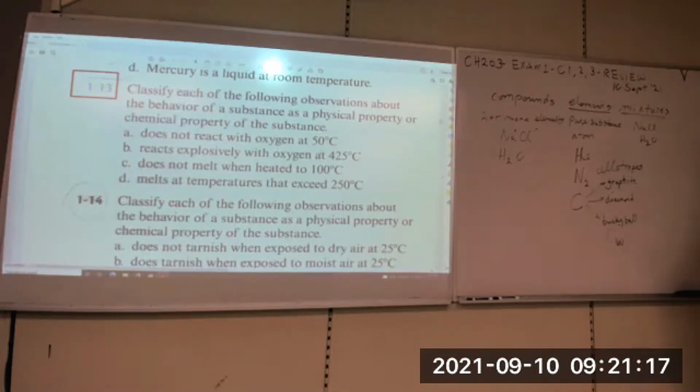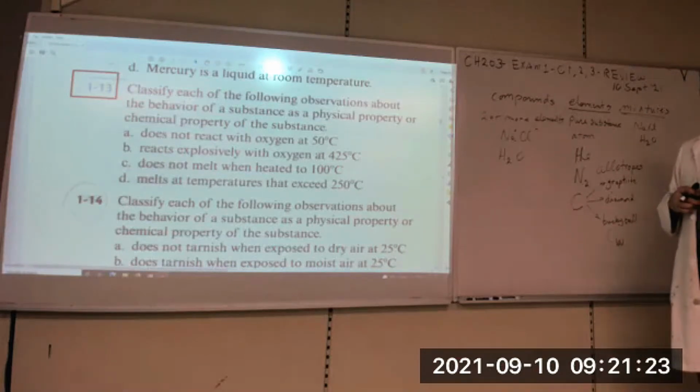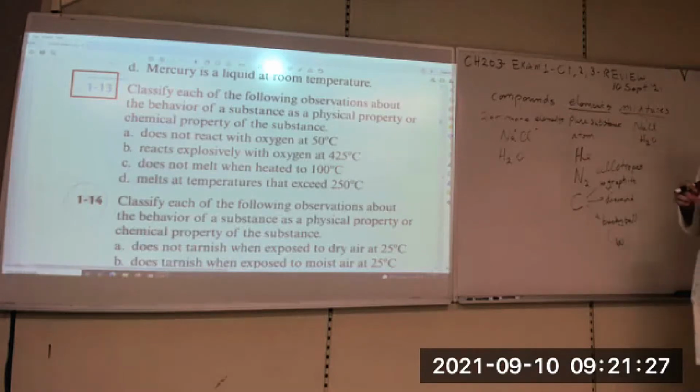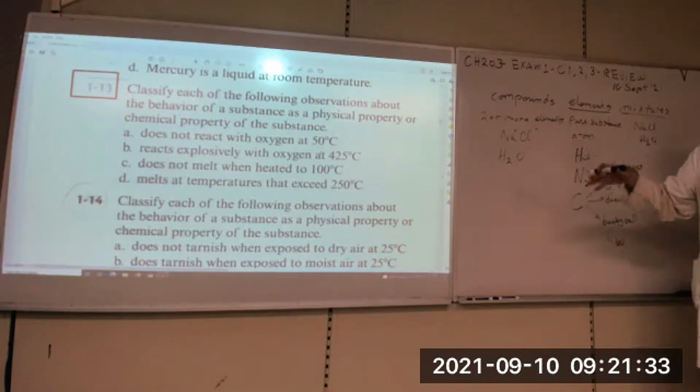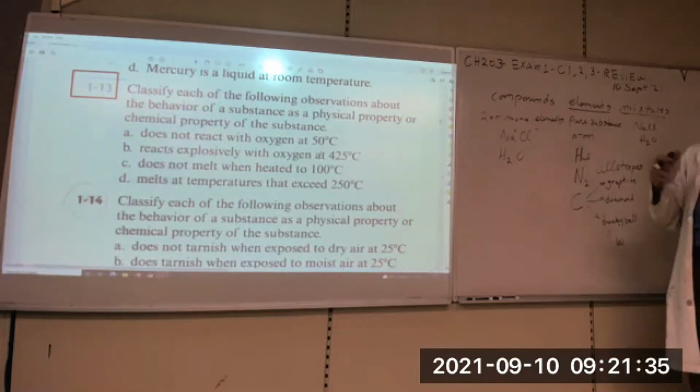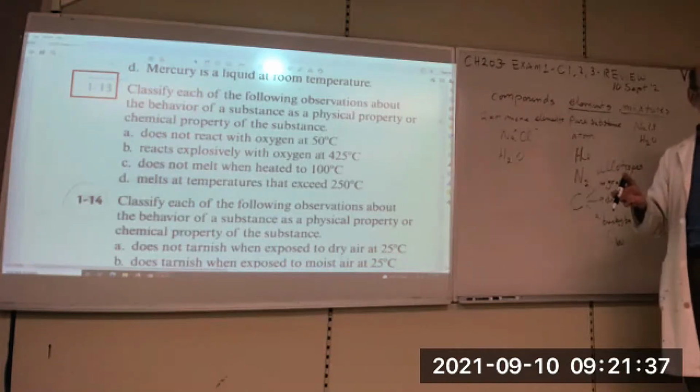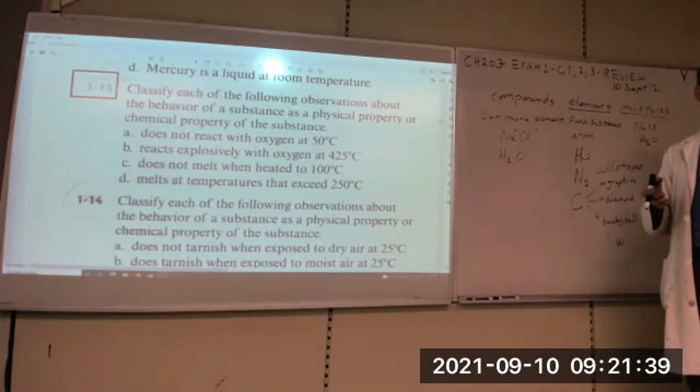Oh, homogeneous and heterogeneous. Homogeneous mixtures require that wherever you sample your mixture, anywhere you sample it, you have the same percentage composition of each of the components. It's uniform throughout. Heterogeneous is just the opposite. It's non-uniform. It's like you stir up sand.